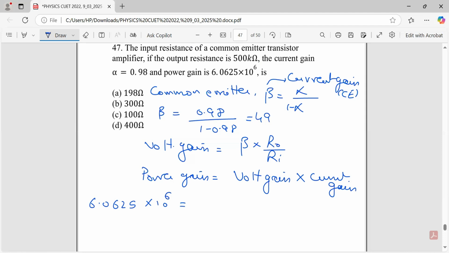Now for voltage gain, beta is 49. Then the resistance given to us is 500 kilo ohm, that is the output resistance. Input resistance RI we have to calculate, and the current gain is equal to 49. So you have 49 into this voltage gain, multiplied by current gain 49. You can find the value of input resistance, which comes to be 198 ohm. So A is the correct answer.